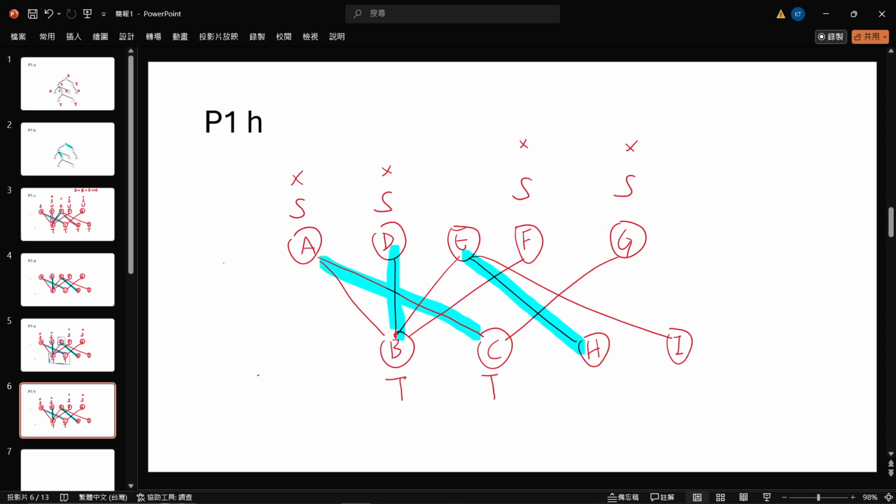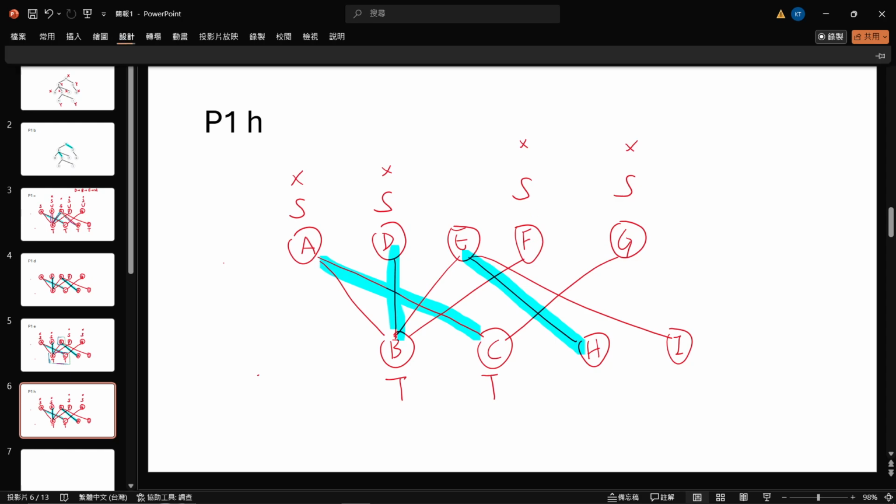The idea is to keep all the edges in the matching, and we have to add more edges because in the edge cover we have to cover every vertex. So we just consider every vertex that is not saturated.